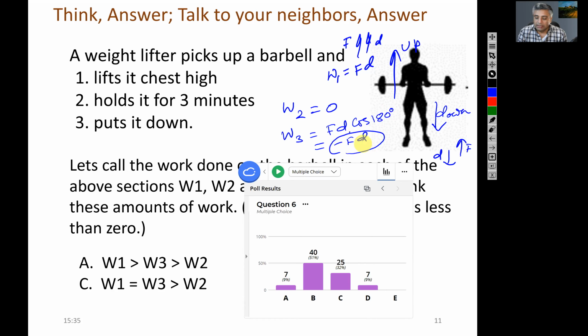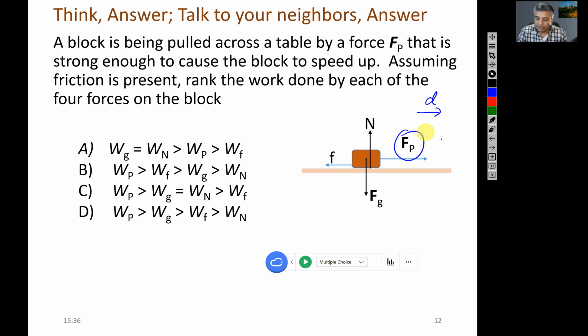Similar and even easier, maybe. So this is pull force. So pull across. So that means displacement is in that direction. So let me give you that, okay? So now I'm giving you 1 minute and 30 seconds for this.